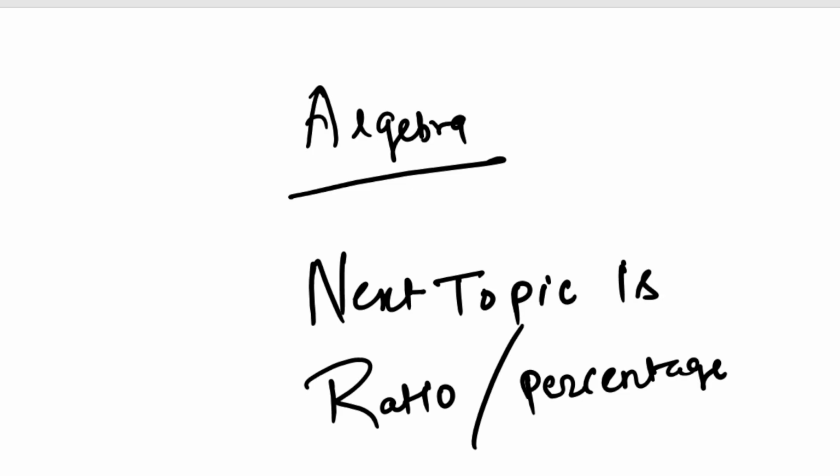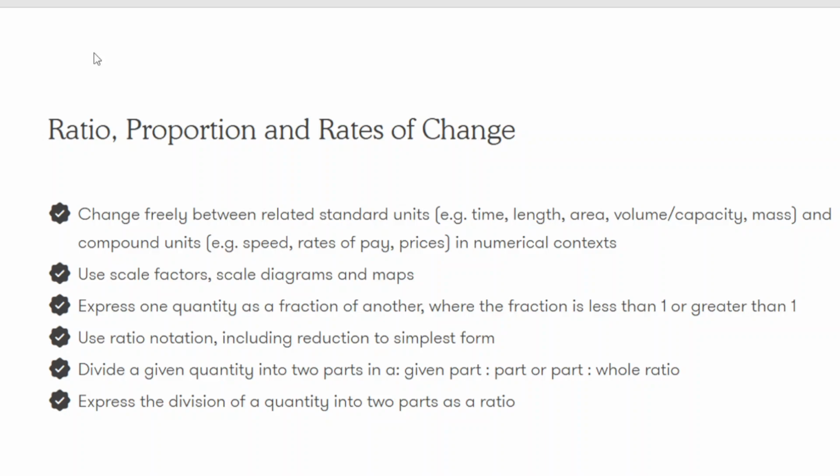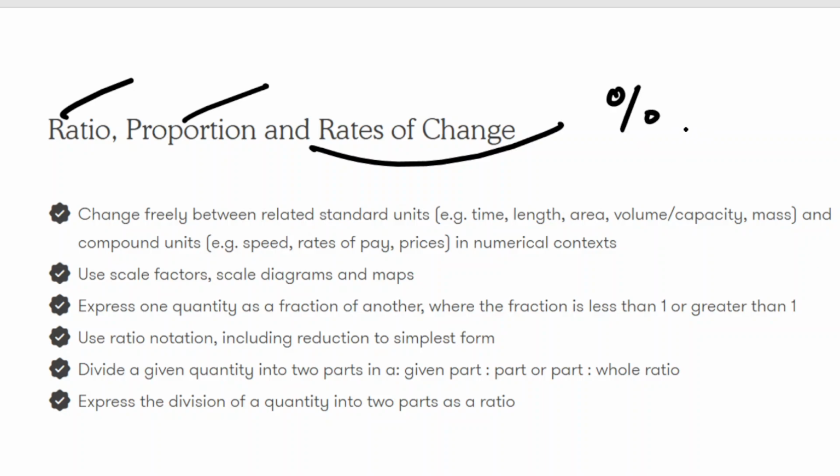In the next series, I will be telling you about ratio, proportions and rate of change. Why is it called change?